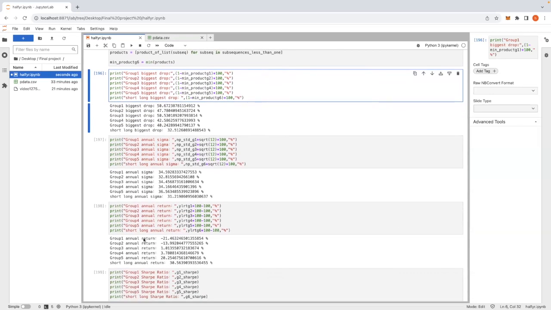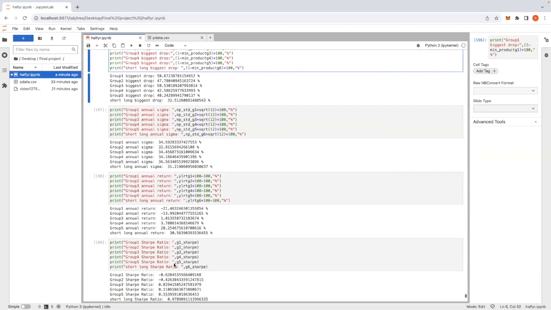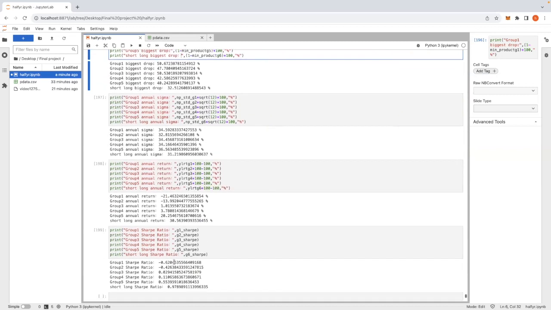And the annual return has a big difference. We can see the group 1 annual return is negative 21%, but group 5 is nearly positive 20%, not 21, it's 20.25%. But the short-long annual return is nearly 31% a year. That is pretty high.